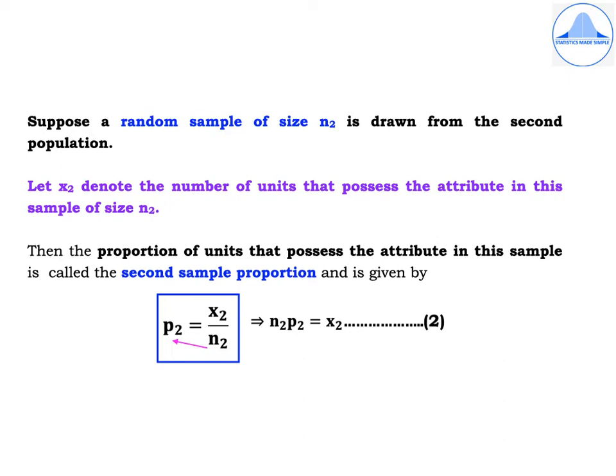Here again note that all the alphabets are in small letters or in lowercase, which implies n2 p2 is equal to x2, and I call this equation 2. Small p2, which is the second sample proportion, will also be in percentage, decimals or fractions.